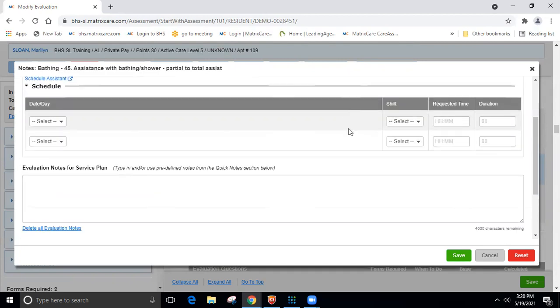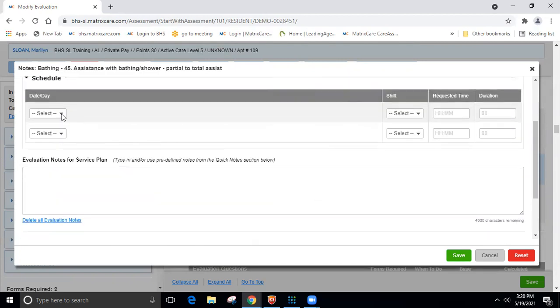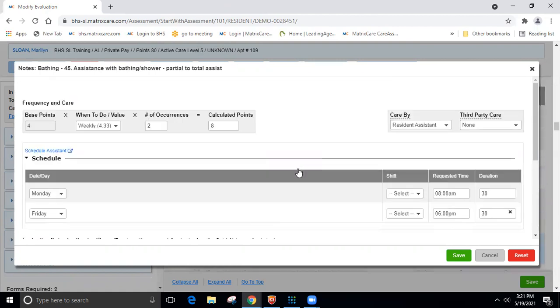It defaults to resident assistant. Now the difference is you can pick the days of the week, so it only shows up on these days. And maybe one bath is during the day and one bath is in the evening. And we say it's a 30-minute shower.